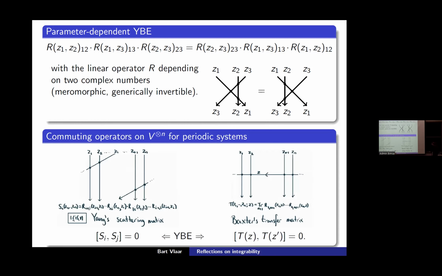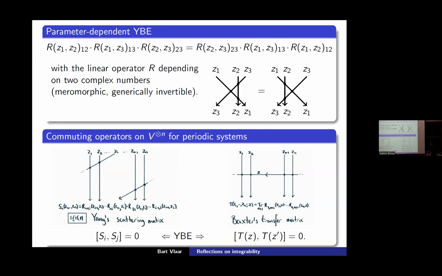Okay, and then you actually want to formulate commuting operators, and there are 2 canonical ways to do this. The one that's closest to the picture I've just sketched with the scattering is this kind of scattering matrix. What you do in any case is put the system on a circle, so you impose periodic boundary conditions. This is the easiest thing you can do.